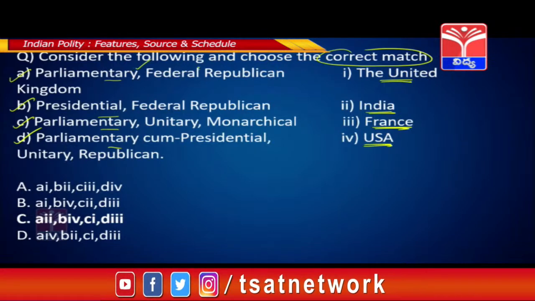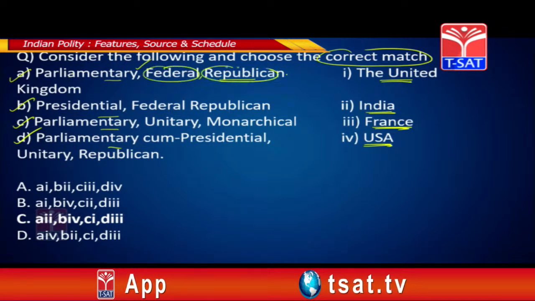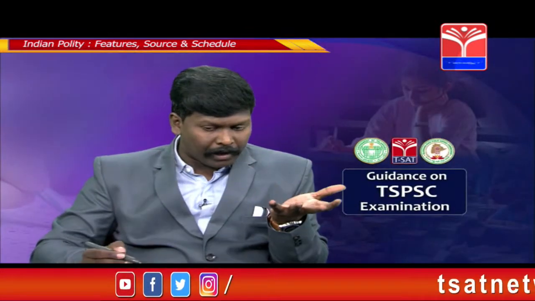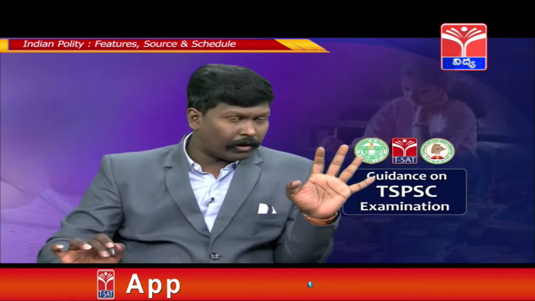Parliamentary, federation, republic. Just here, parliamentary type, but a federal system, and republic. US is not a parliamentary system, correct? US is not a parliamentary system. So you can eliminate. A cannot be 4. So this is gone.